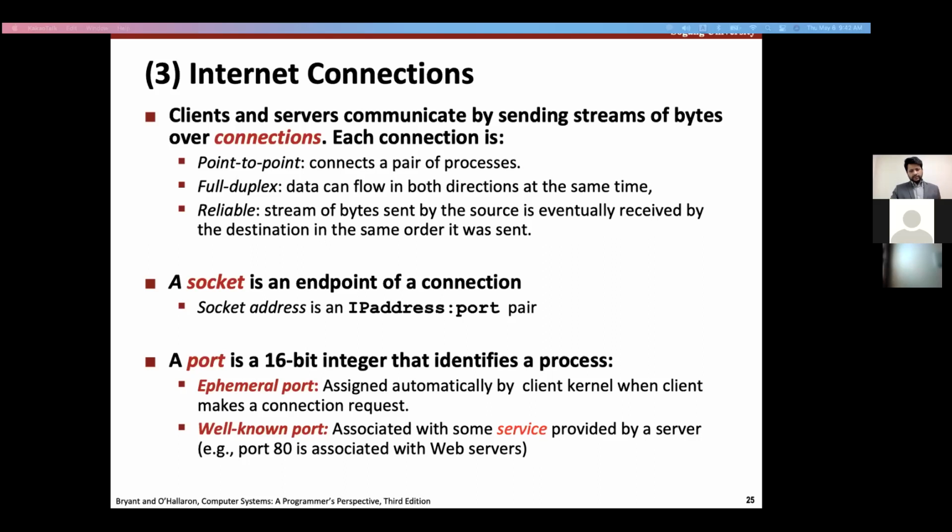This is the reliability property. So it has to ensure that the stream of bytes sent by the source is eventually received by the destination in the same order as it is sent by the source.